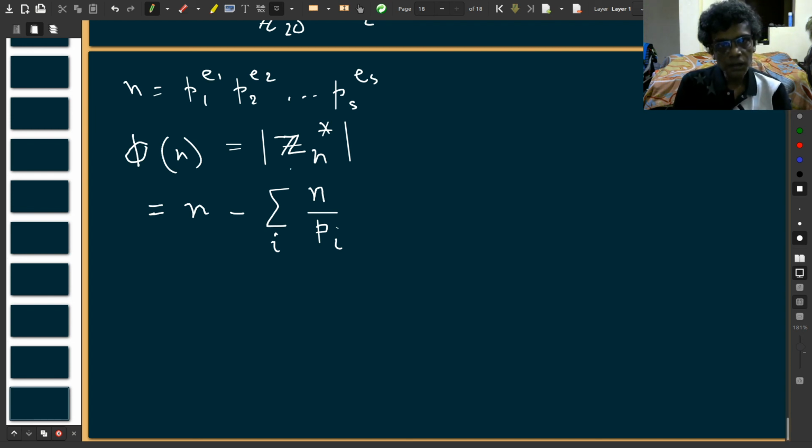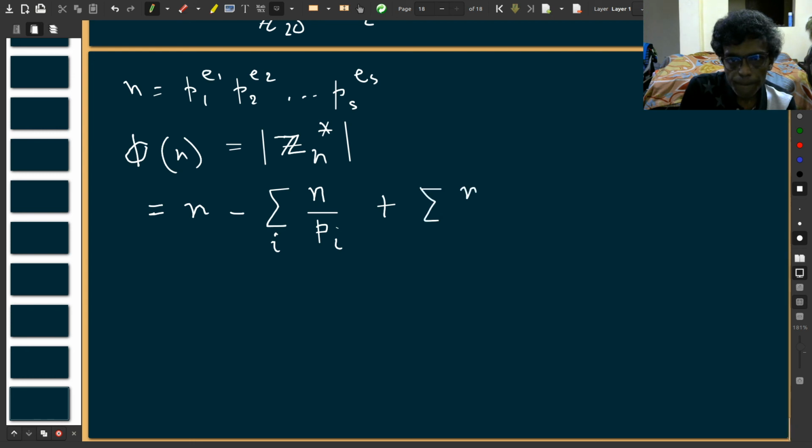But then, those numbers that are multiples of two primes, like p1 and p2, are subtracted twice, once for n by p1 and once for n by p2, so I have to add them back: the sum over i less than j of n over pi pj.